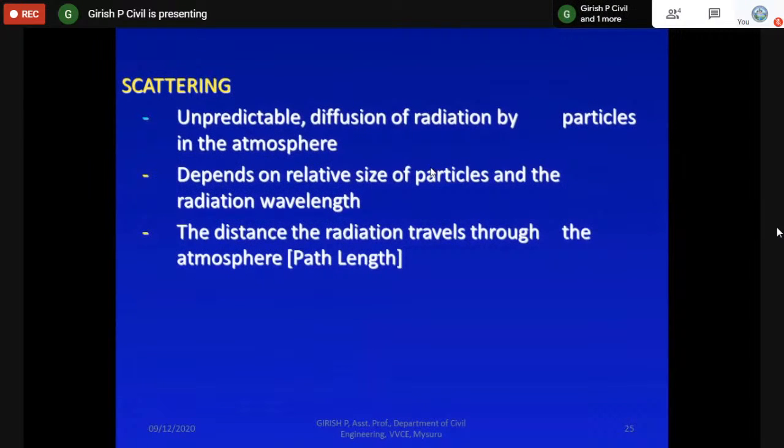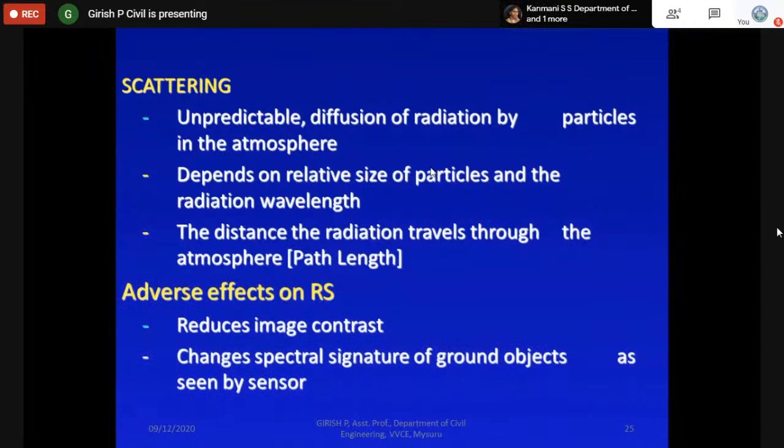Scattering is the unpredictable diffusion of radiation by particles in the atmosphere. The process of scattering depends upon the relative size of particles and the radiation wavelength, and the distance the radiation travels through the atmosphere. So the scattering process depends upon how the radiation travels through the atmosphere.